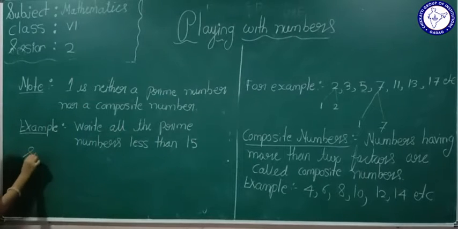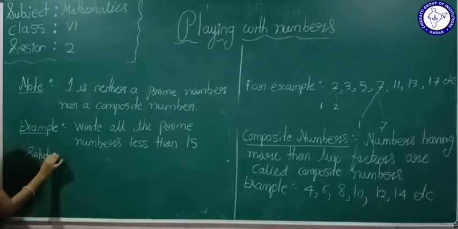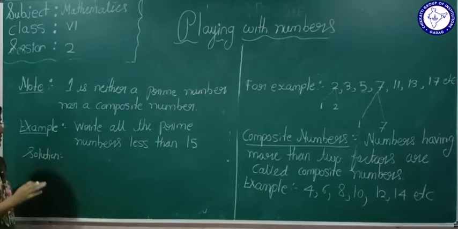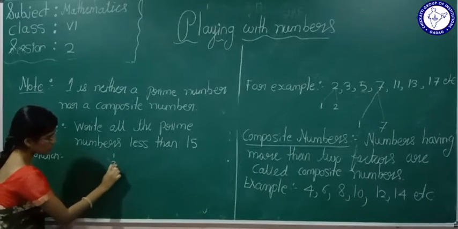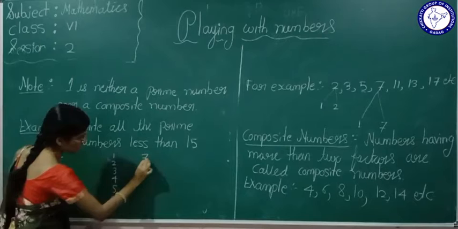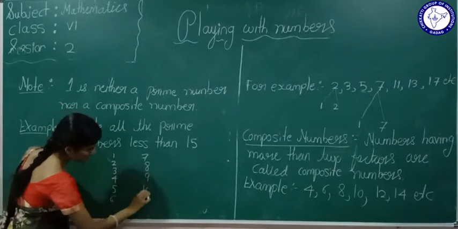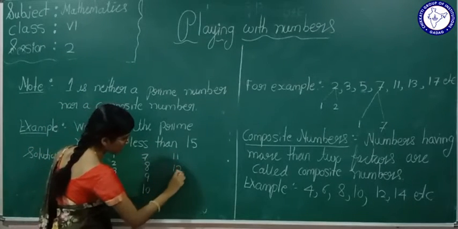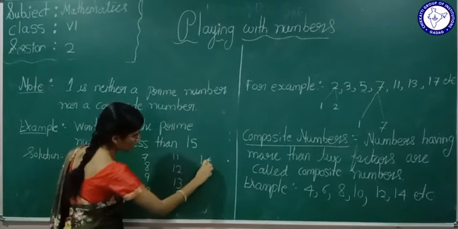Now see a solution. I will write all the numbers less than 15, they have told, right? 1, 2, 3, 4, 5, 6, 7, 8, 9, 10, 11, 12, 13, 14, 15.